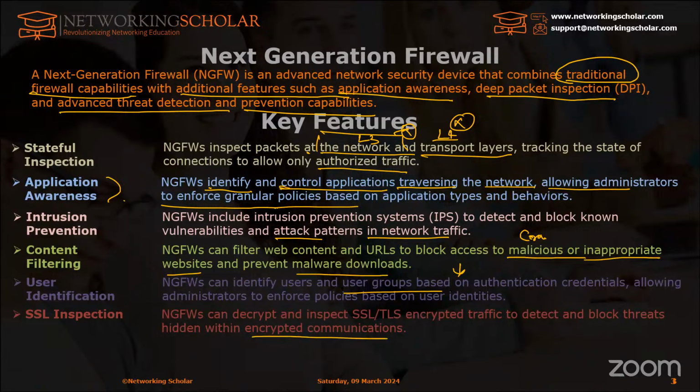Suppose something is encrypted between your PC and the server, server to PC, but something came from outside during the connection. What it will do is check through SSL inspection, it will decrypt the SSL traffic, and it will check if there is anything malicious, then it is going to be blocked.